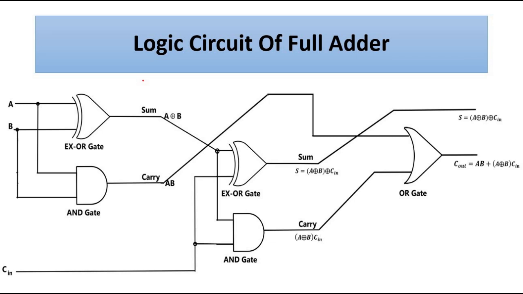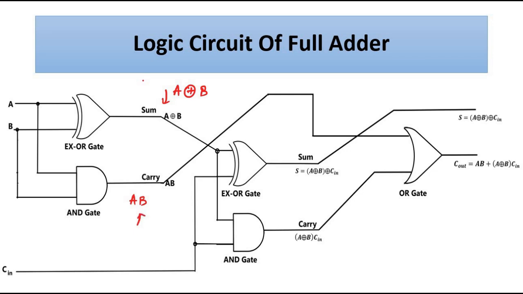If you see, first we take the two input lines A, B and give them to the XOR gate, and we get A XOR B. Then we provided A and B to the AND gate, and we got AB. Up to this it is clear.